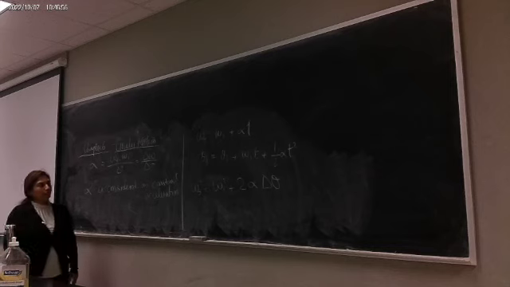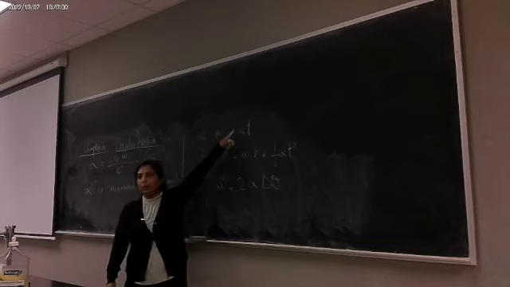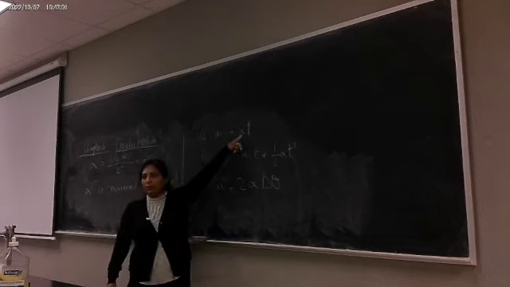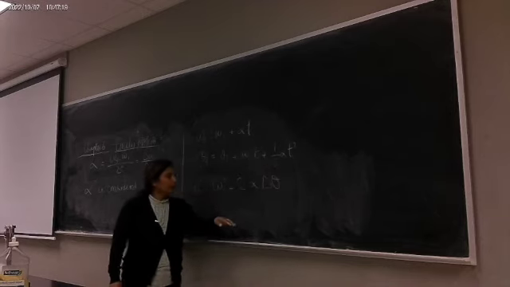What is omega f? Final angular velocity. Omega i is initial angular velocity, and alpha is the angular acceleration. If the velocity is constant, alpha is 0, and this part is set to 0. Theta f is the final angular position, theta i the initial angular position, omega i the initial angular velocity, then time, and angular acceleration.